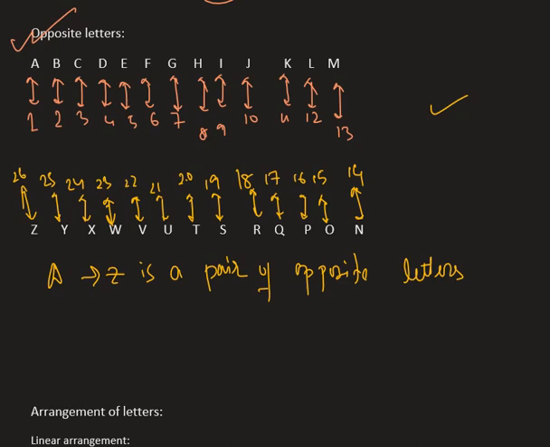Now it is very clear from the above presentation that two letters are called opposite to each other if the sum of their corresponding positions is equal to 27.